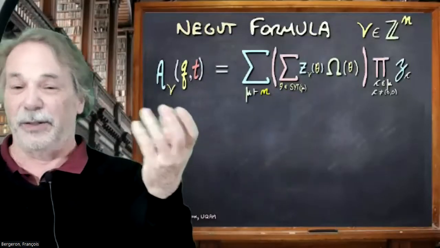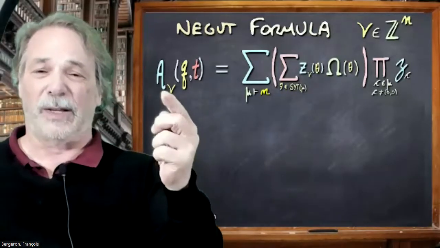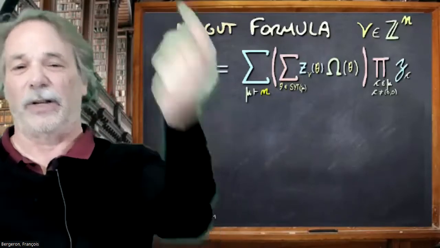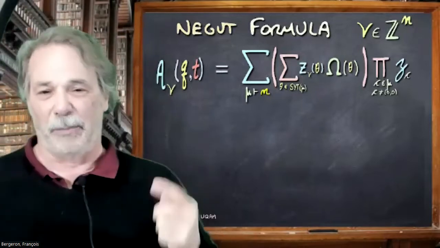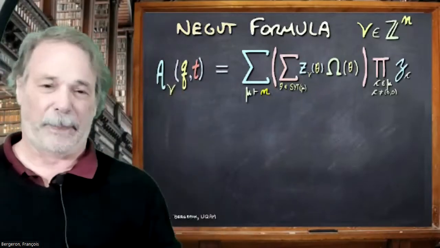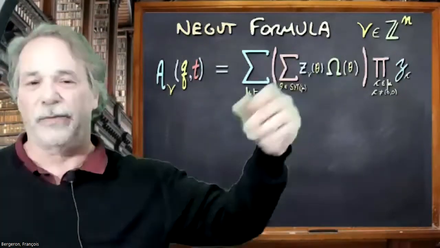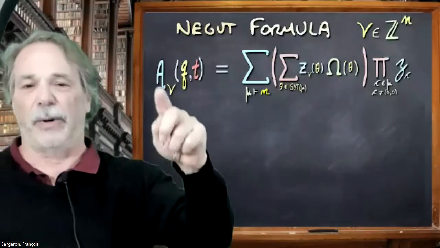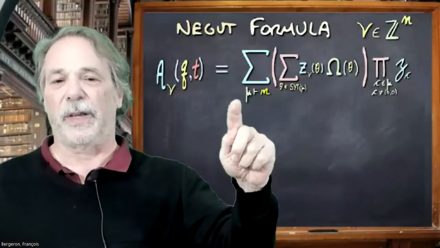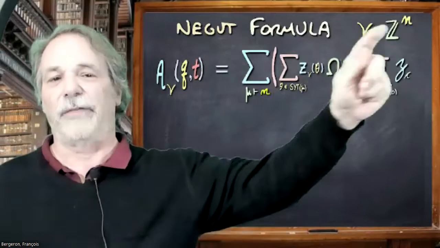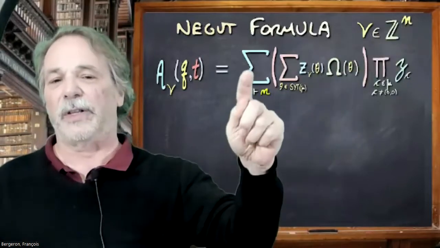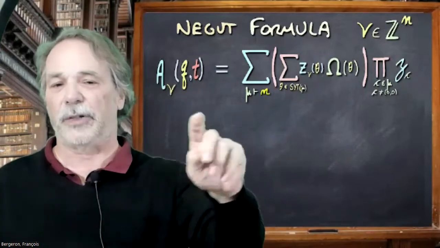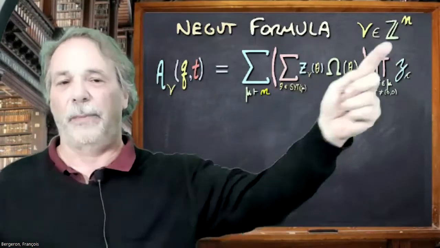And you see where I'm going, because if this v is correctly chosen, I'm going to get back what I had before, because the notation is very similar. But the definition is clear if I give it for any v. So A_v(q,t) is going to be a sum over partitions of n. V is not a partition, it's just a vector. It has some length n.